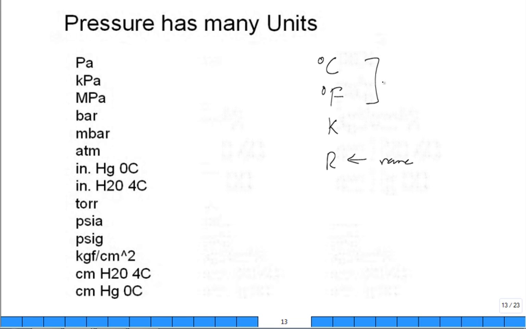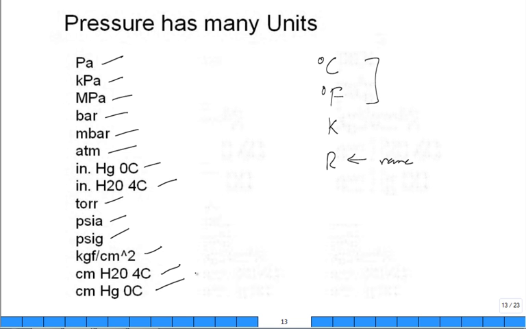But what about pressure? Pascal, kilopascal, megapascal, bar, millibar, ATM, inches of mercury where the mercury density is at 0 degrees C, inches of water where the density of the water is at 4 degrees C, Torr, PSI-A, PSI-G, kilogram force per centimeter squared, centimeters of water at 4 degrees C, centimeters of mercury at 0 degrees C, inches of water.